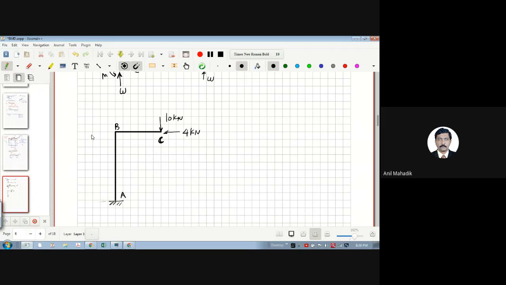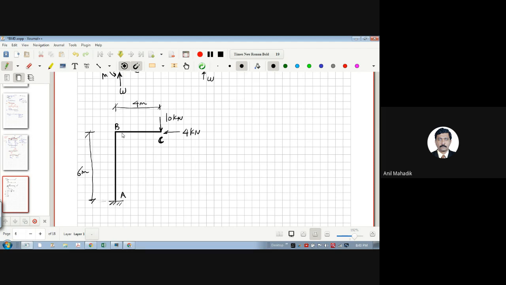Let's say the height of this column is 6 meters, and this cantilever beam is 4 meters. The problem for you: you need to split this beam here, get the values at this point by splitting it from the column, and whatever value you get here, apply it in the opposite direction on the column, and again solve the column.